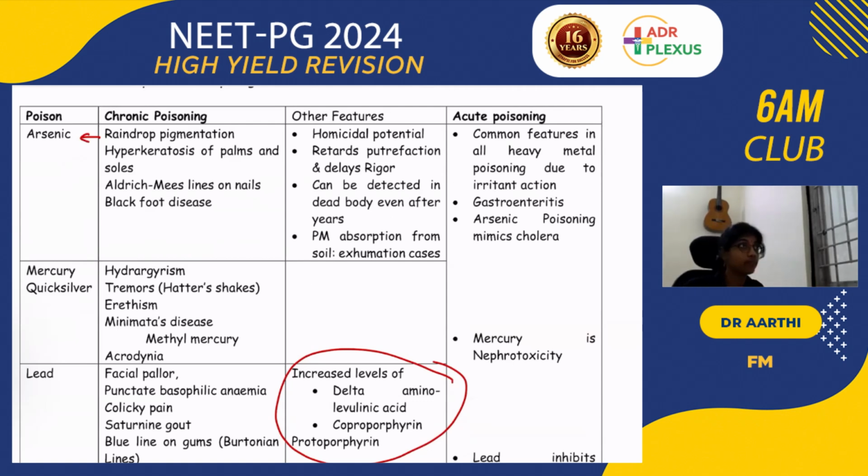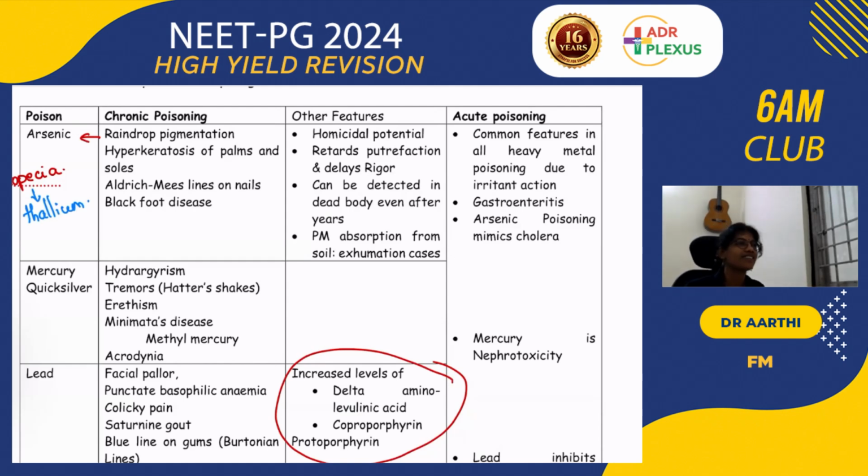Along with it, let me make it very clear. If they give alopecia, where there is loss of hair, then think about thallium.